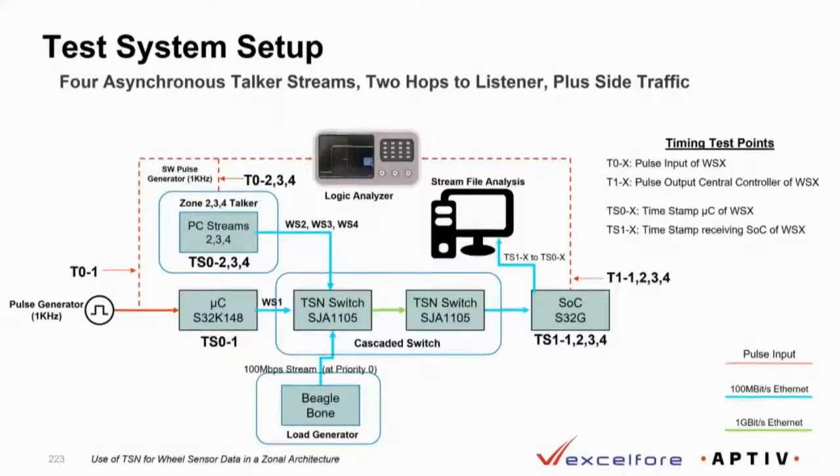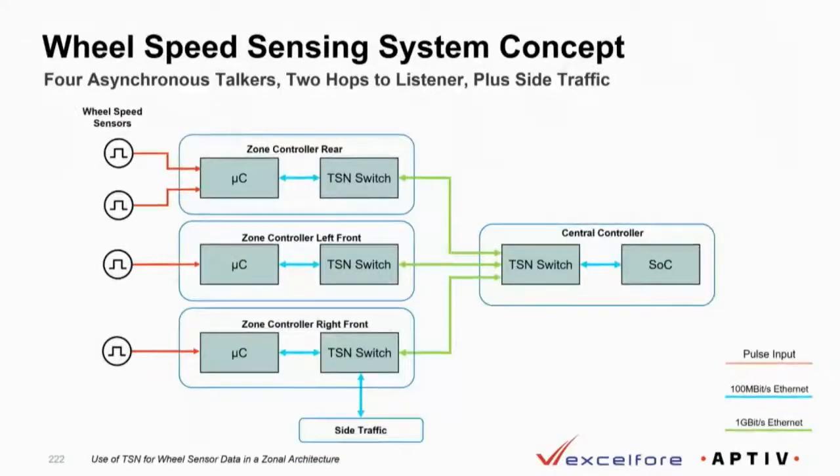In the previous slide, we saw that you had 4 inputs. So you had 4 asynchronous talkers coming in, right? And you had 2 steps, as you can see if you go back. You have the 4 signals coming in, and those are the talker inputs.